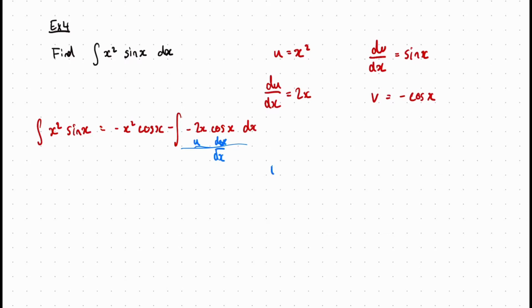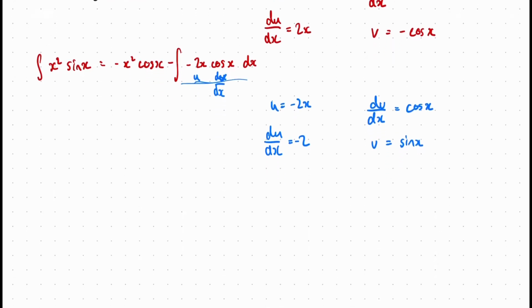So now u is equal to minus 2x, dv dx is equal to cos x, so du dx is minus 2, and v is equal to sine x. Hopefully this time, because when I differentiated my u, minus 2x, it became minus 2, we're going to end up with a situation where we can actually integrate, because we'll have minus 2 times sine x as the integral part.